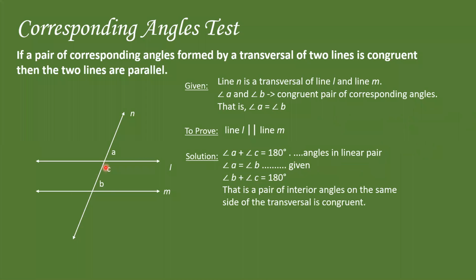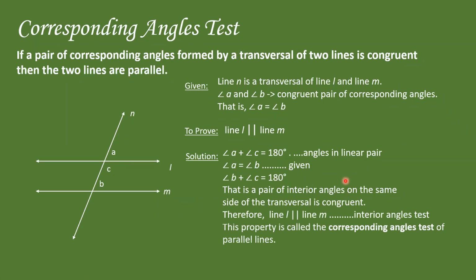Folks, now B plus C is a pair of interior angles on the same side of the transversal. So again, the same thing. The alternate angles test and corresponding angles test are very similar to each other, except that we are changing the angles. So again, the pair of interior angles: line L is parallel to line M. It is the same reason we used to prove the last test.